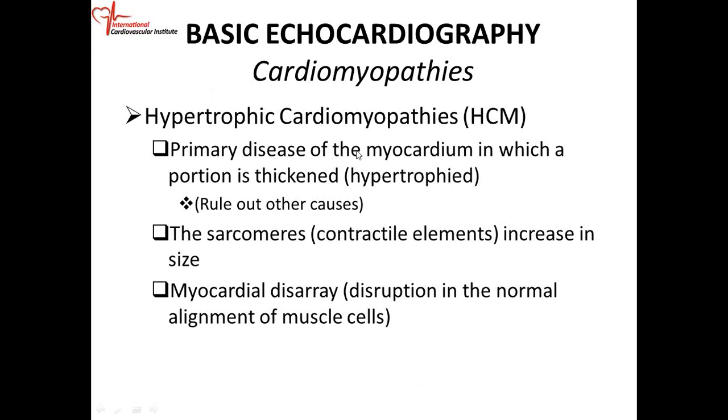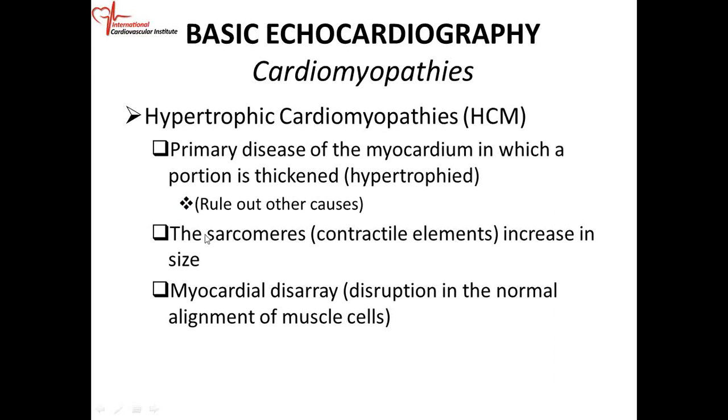So it's a primary disease of the heart muscle in which a portion of the heart muscle is thickened, hypertrophied. You have to rule out other causes. If it's hypertension that causes a thickening, then you call that hypertensive cardiomyopathy. If it's aortic stenosis that's causing the thickening, then you say that. If there's no obvious cause, then that's what you call hypertrophic cardiomyopathy.